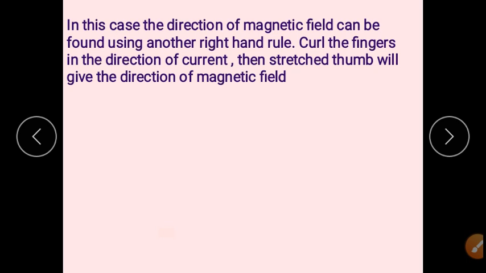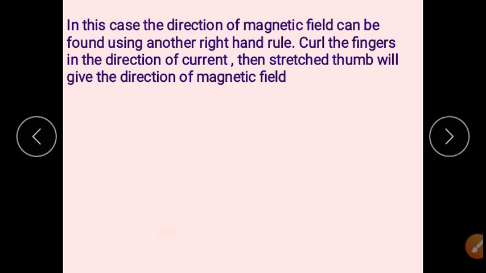Next, in the case of a current carrying loop, we can find out the direction of magnetic field using another right hand rule. You know, for a straight conductor, how you will find the magnetic field? Stretch your thumb in the direction of current, then curl the fingers around the conductor, then curling fingers will give you the direction of magnetic field.